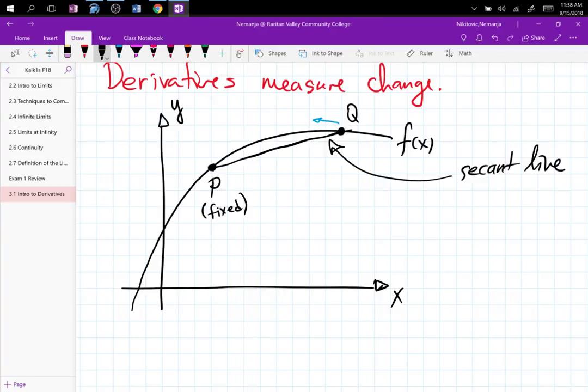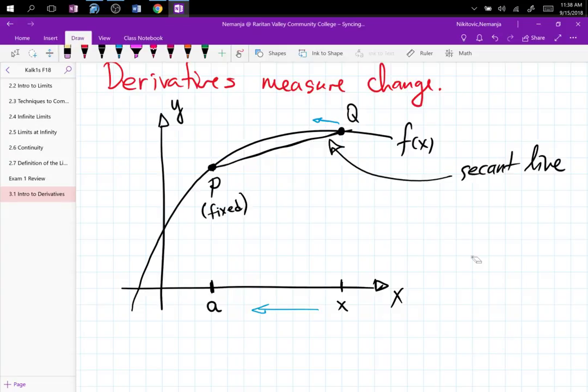Now, my fixed point P has value A because that's fixed, and my point Q has value X, and it is here where you see that X is going to A. I understand that you are used to writing X goes to A this way, but for the purposes of this picture, X is going to move to the left.